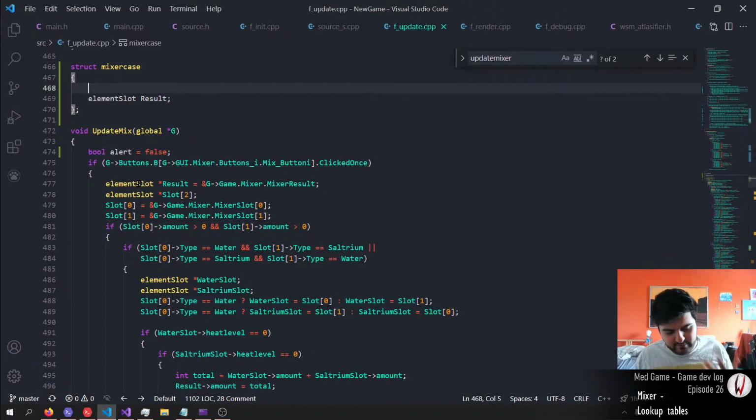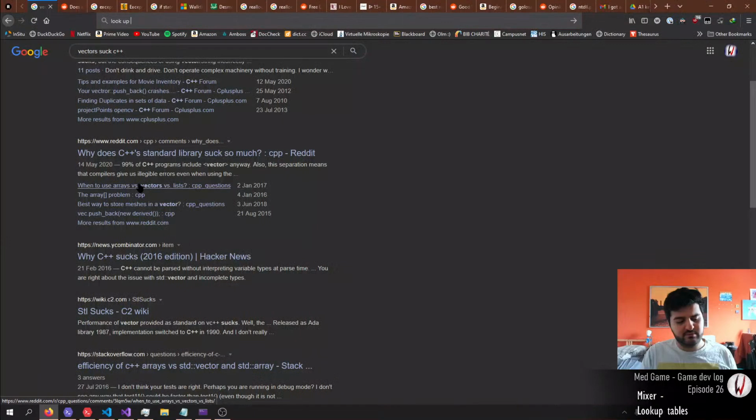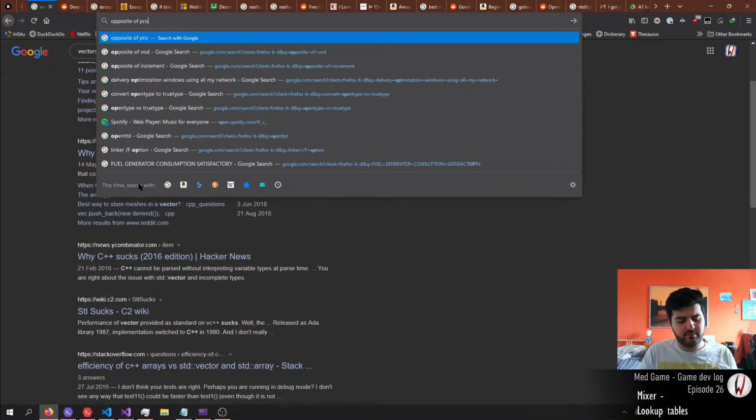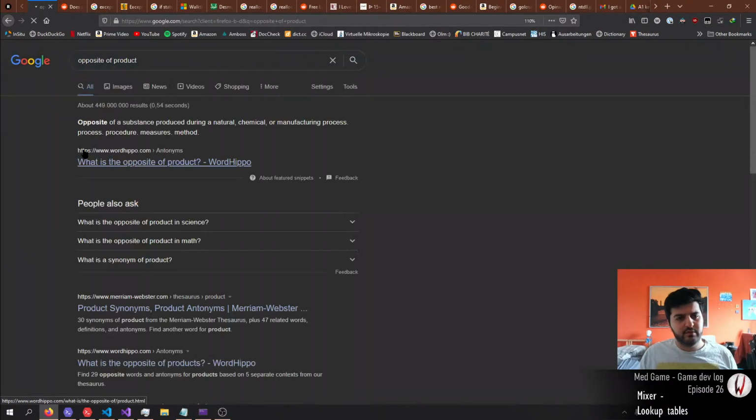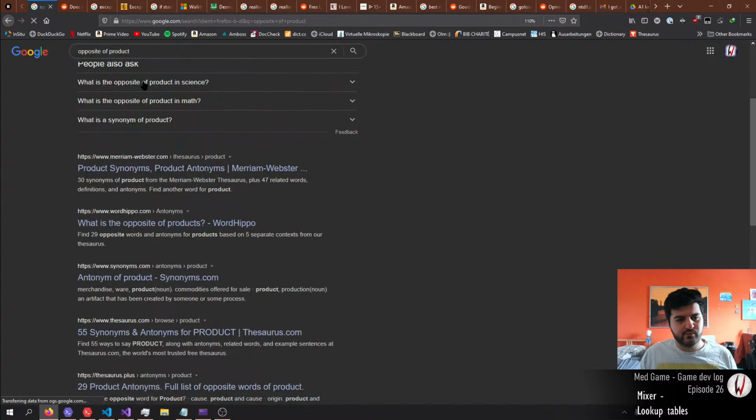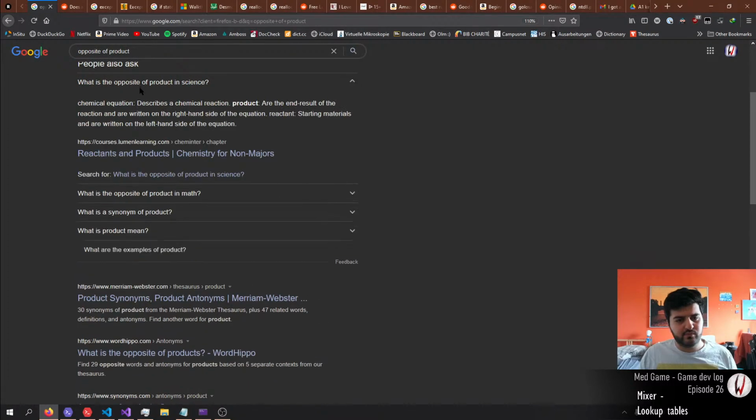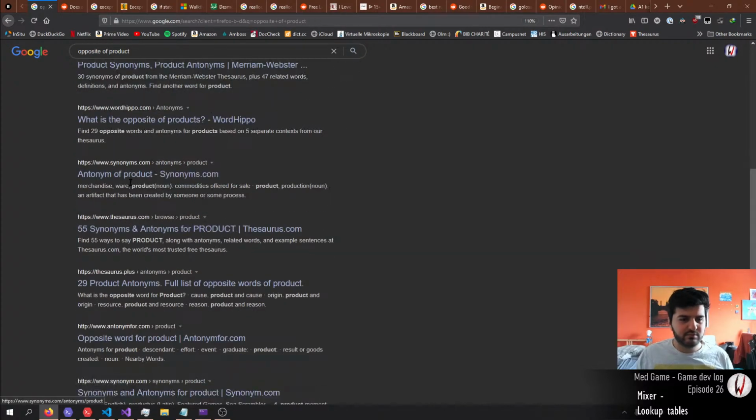It will have types, like, what's the opposite of products? Reactant.